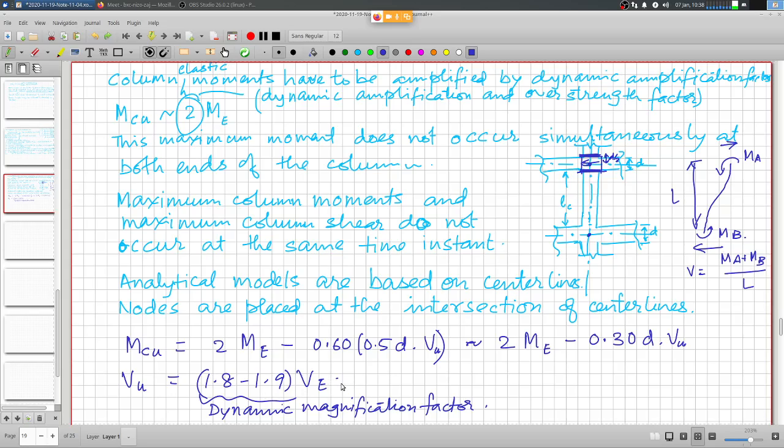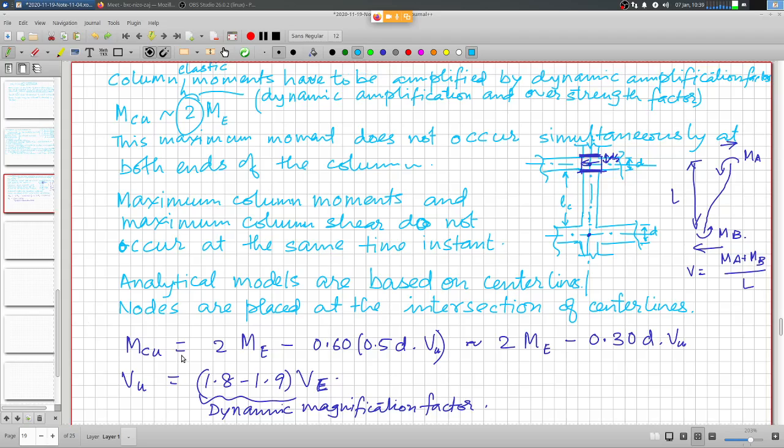So the static analysis, the linear elastic analysis based on equivalent static lateral loads, has to be magnified by about 1.8 to 1.9 times. A simple figure is 2. That can work, and that will take care of the dynamic magnification in the columns.